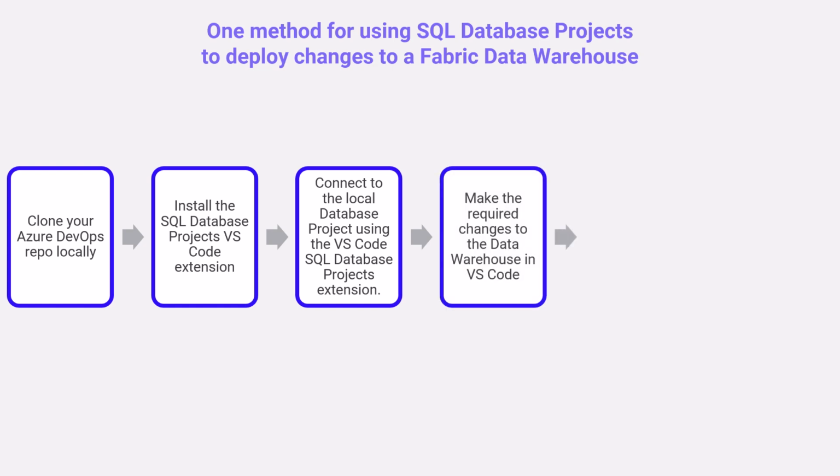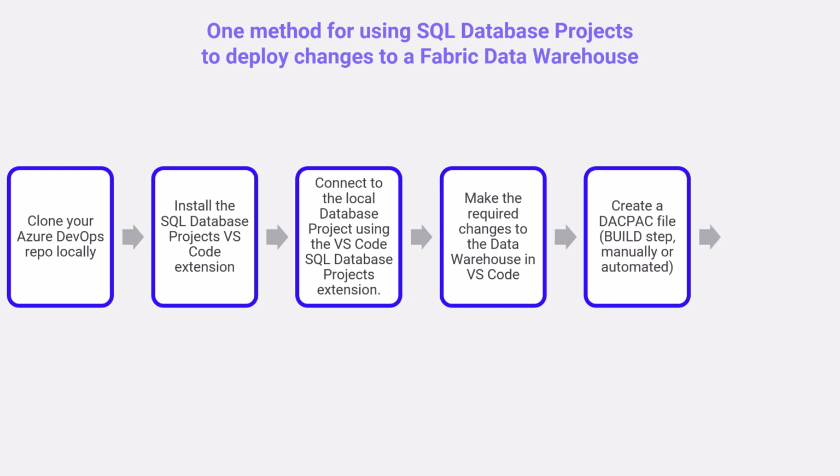Then we can use Visual Studio Code as our IDE, as our code editor, for making changes to the data warehouse. You might be adding a new table, adding a new view, doing some sort of structural change to the data warehouse. Then what we're going to do is perform a build step of that data warehouse, still within Visual Studio Code.